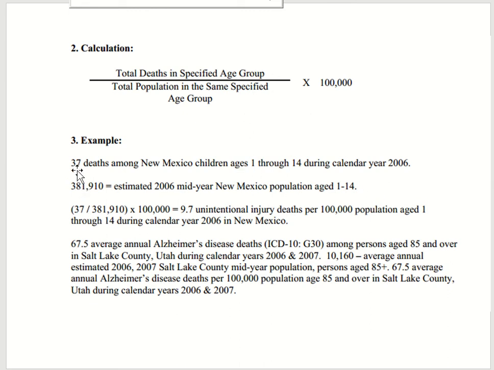Therefore, you can take the number of deaths in that age group divided by the population size of that age group, and calculate something called the age-specific death rate for that age group. So the 1 to 14 age-specific death rate in New Mexico is 9.7 per 100,000 population. So over here we're calculating per 100,000. This is an example of something calculated in New Mexico in the year 2006.